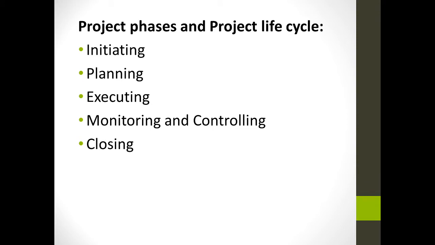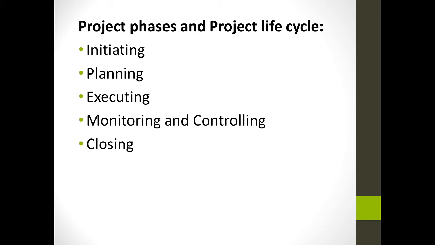Project phases and project life cycle. In project management, the project phases are very important. Project phases are mainly five: initiating, planning, executing, monitoring and controlling, and closing. These are the main five phases of a project.